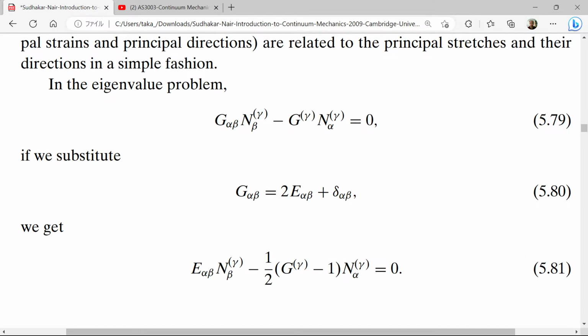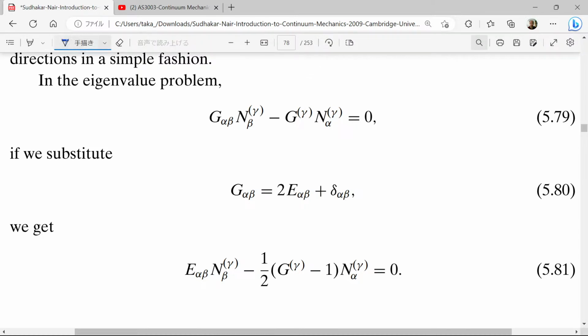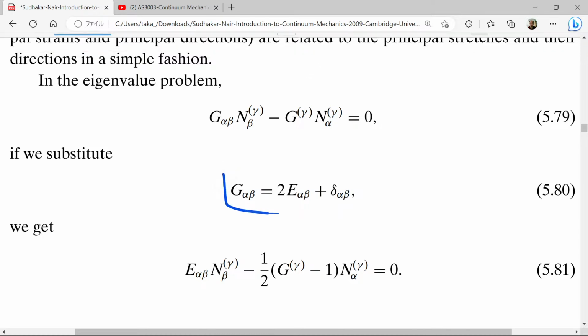Anyway, I think in the previous video we solved this eigenvalue problem. Then we obtain the spectral representation. Okay, so if we substitute G, this was all the relation we learned. So we substitute something like this.